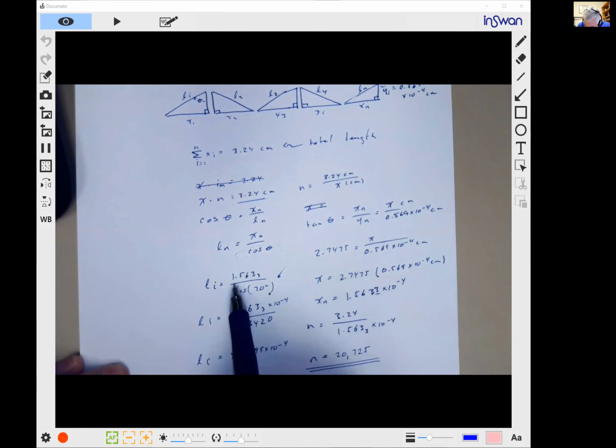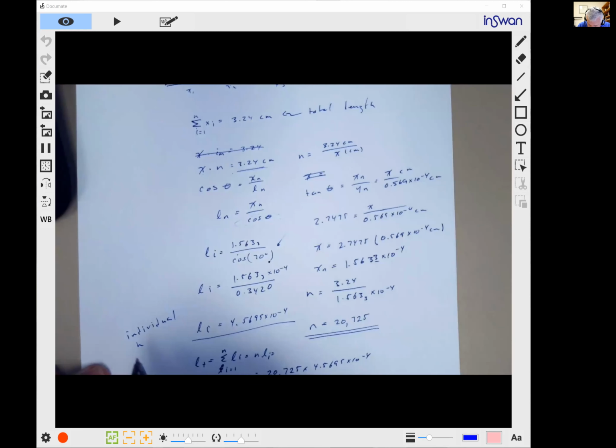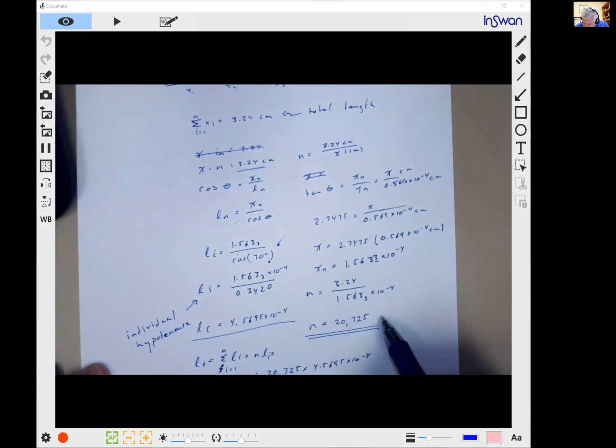And this gives us an individual hypotenuse, L sub I.